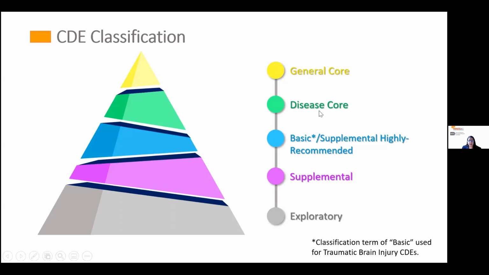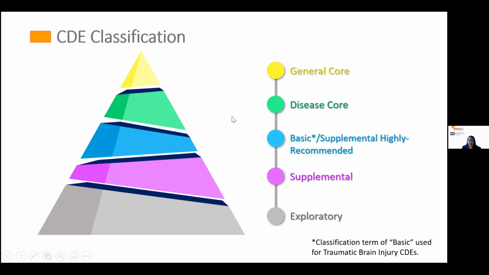Then we have the disease core that are going to be common data elements that will be collected across domains within a disorder. For example, for stroke, we cannot tell everyone to collect, I don't know, biosamples or cognitive or certain images in all and every single stroke trial. That is not the goal.